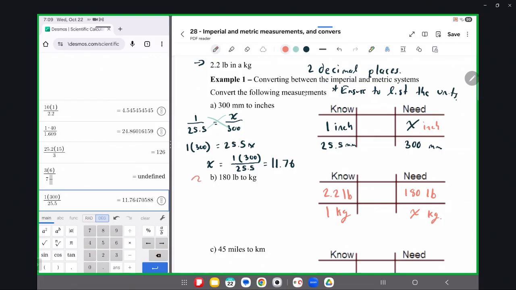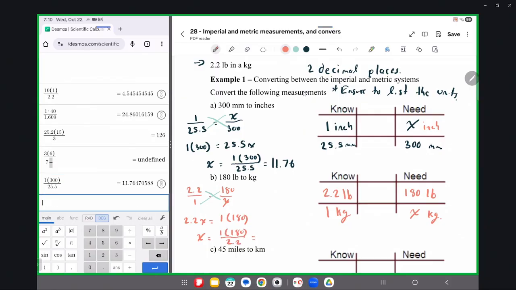So we're going to have 2.2 over top of 1 is going to be equal to this 180 over x. Using the means and the extremes, we find that 2.2x is equal to 1 multiplied by 180. So x will be equal to 1 multiplied by 180 divided by 2.2.